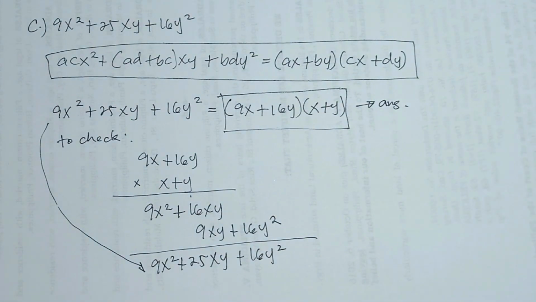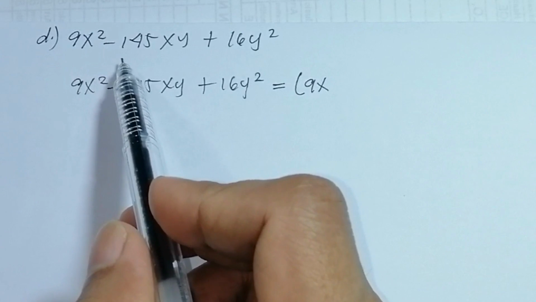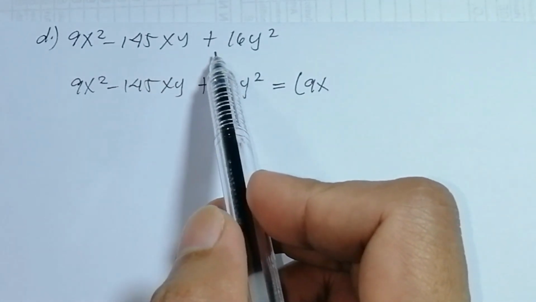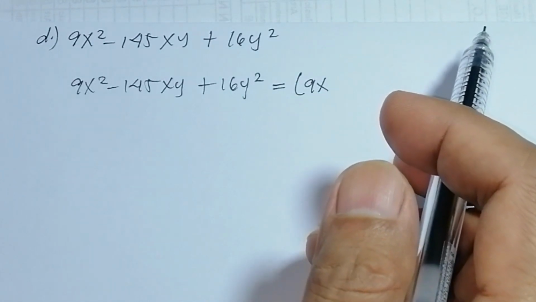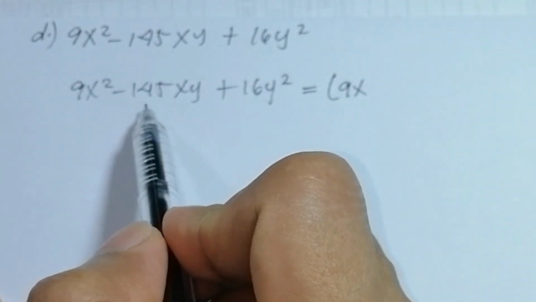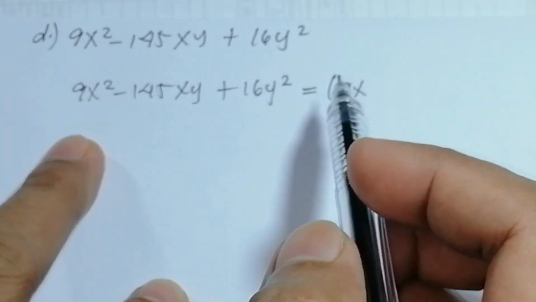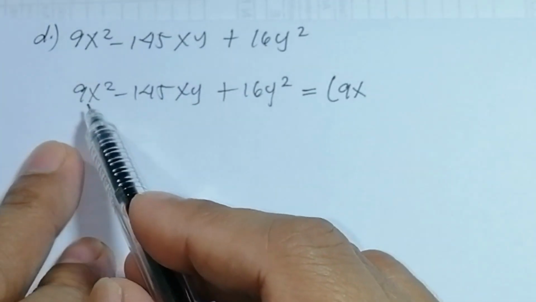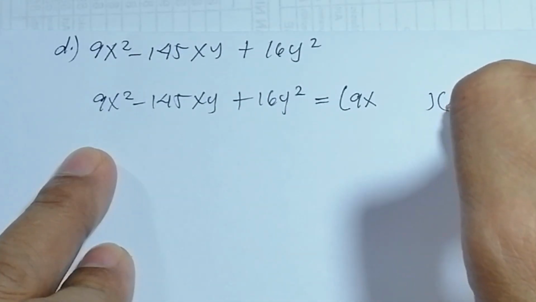Okay, let's proceed to letter D. We have 9x squared minus 145xy plus 16y squared. So we're going to use the trial and error. We are going to get the factors of 9x squared, so we're going to write this as 9x and x.